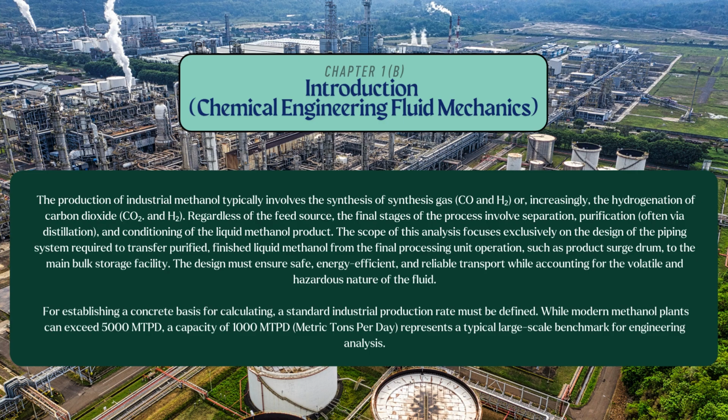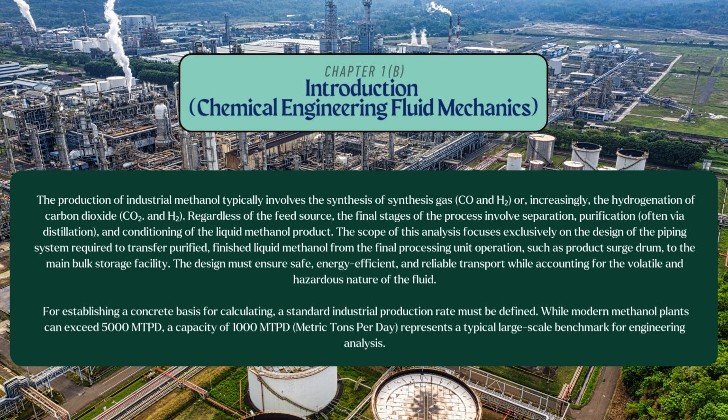Now I'm going to give the introduction of chemical engineering fluid mechanics. Industrial methanol is produced from synthesis gas, carbon monoxide and hydrogen, or by hydrogenating carbon dioxide with hydrogen. After purification, the liquid methanol is transferred from the final processing unit to storage.